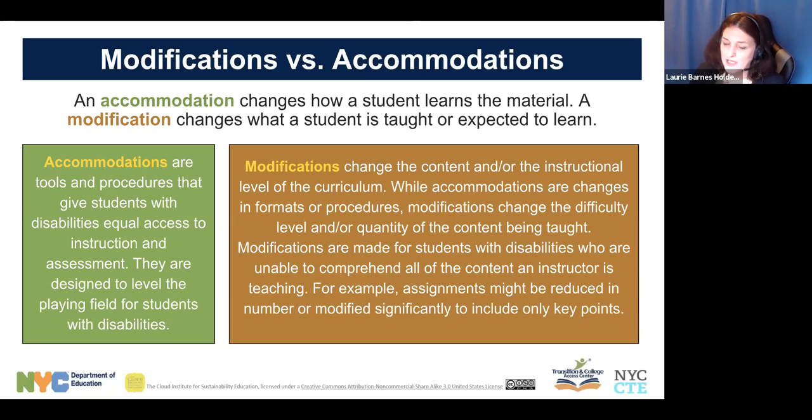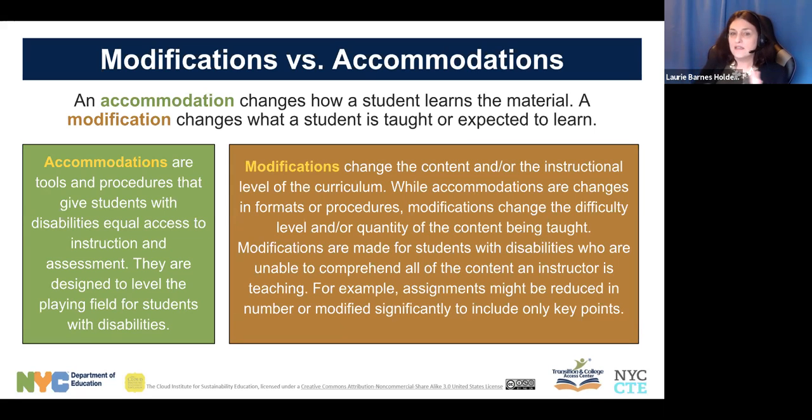They sound similar and are often interchanged, but they do have very different meanings. So an accommodation changes how a student learns the material, and a modification changes what a student is taught or expected to learn. So accommodations are tools and procedures that give students with disabilities equal access to instruction and assessment.